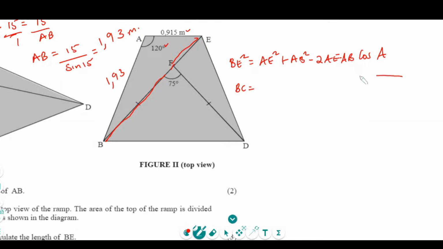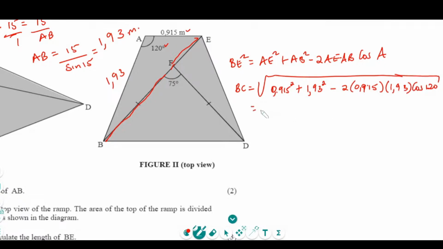Then I'll do my substitution. So my BE will be the square root of 0.915 squared plus AB, which is 1.93, squared minus 2 times 0.915 times 1.93 times the cos of 120.